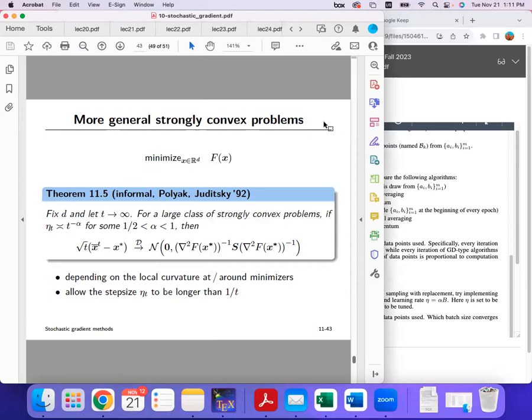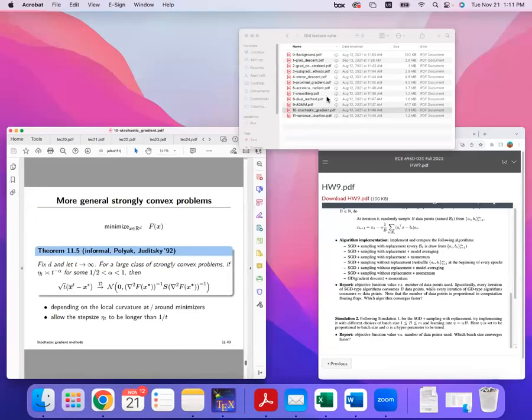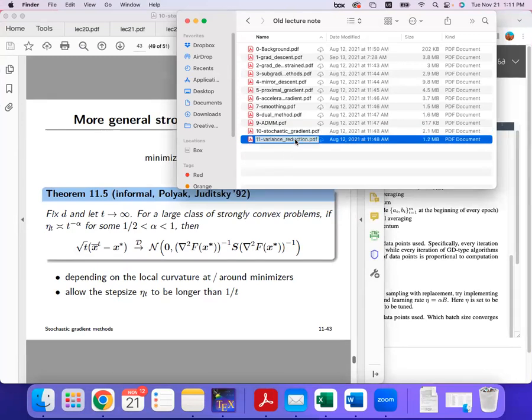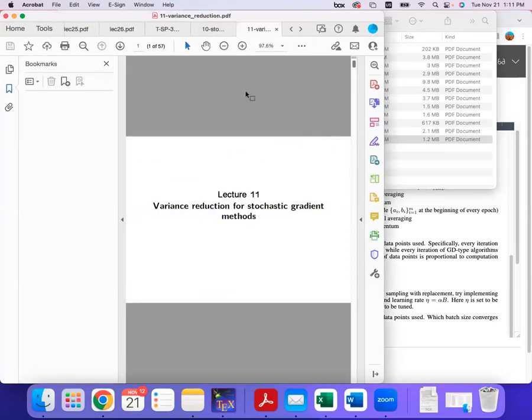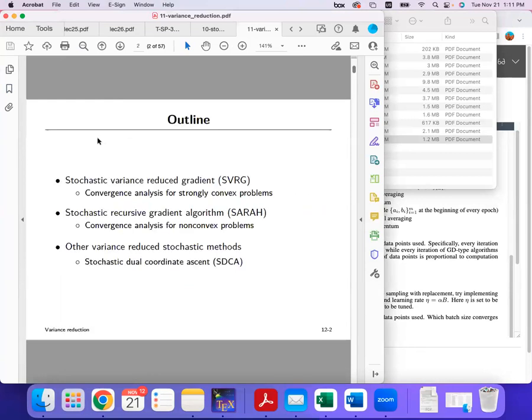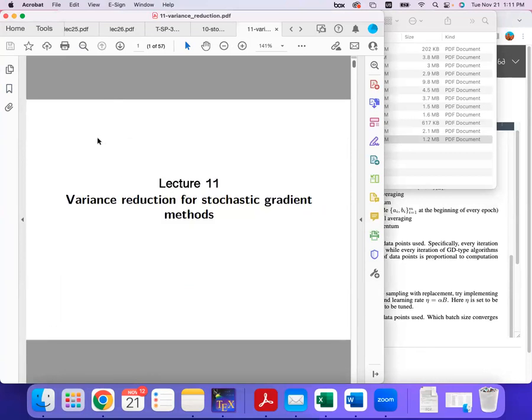So I think this is everything about the stochastic gradient. And next time, we still have several lectures, so we can spend more time on the last lecture. This is a very long lecture, we have 50 slides. We are going to talk about some variance reduction methods for stochastic gradient descent.